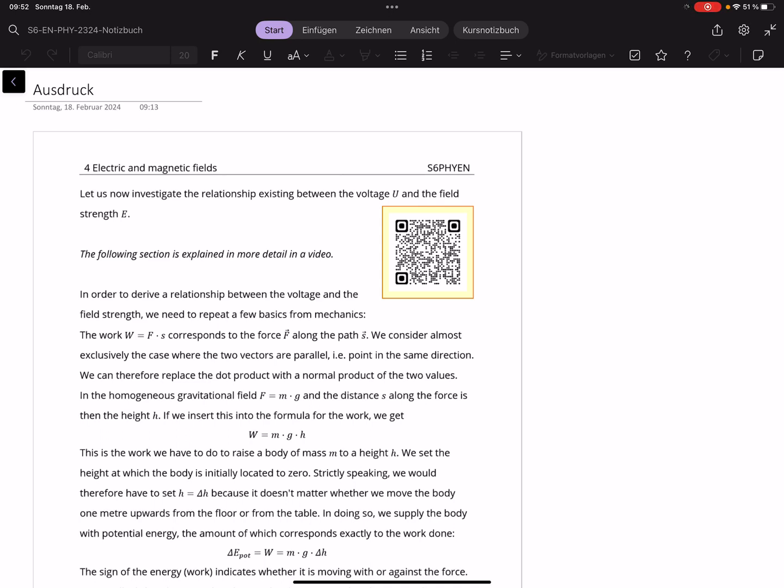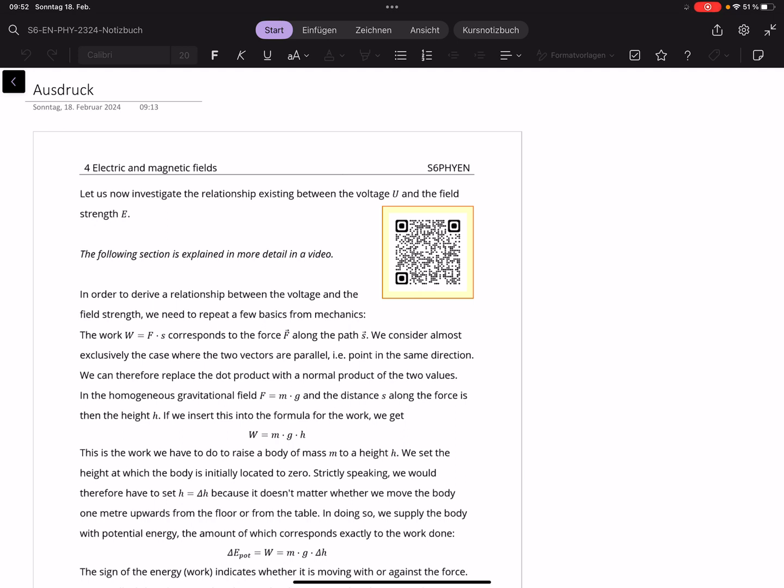We have already learned that a field acts on certain, let's say, bodies with certain properties in a way that can be demonstrated with the gravitational field.